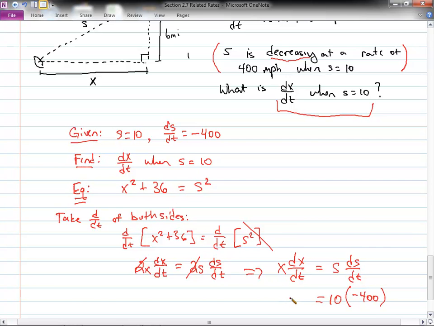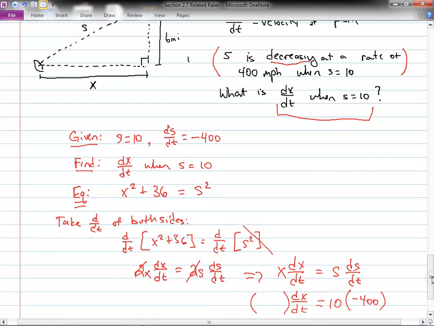What over here? Well, we're trying to find dx dt, so we know we're not given that. What about the x? Did they ever tell us what the x is?